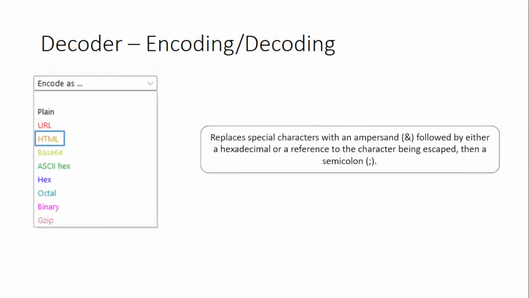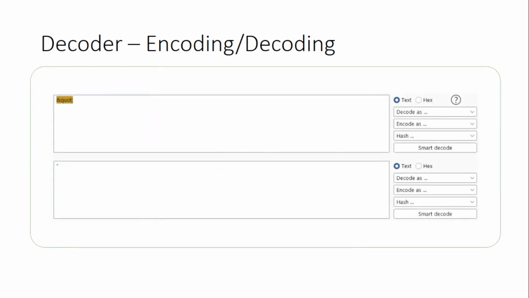Then there's the HTML, which encodes text as HTML entities, which involves replacing special characters with an ampersand followed by either a hexadecimal or a reference to the character being escaped, then a semicolon. For example, the double quotation mark is replaced by ampersand QUOT and then semicolon.